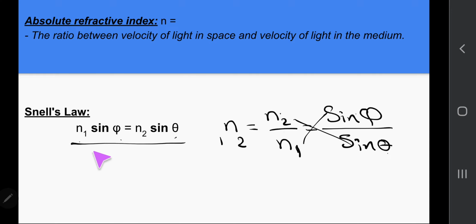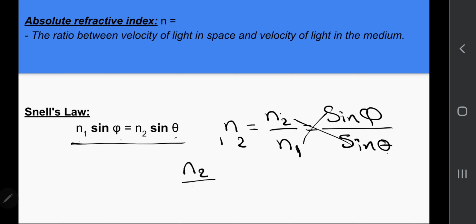Snell's law: the absolute refractive index of the medium of incidence times the sine of the angle of incidence is equal to the absolute refractive index of the medium of refraction times the sine of the angle of refraction. Okay, and the relative refractive index is N2 over N1.